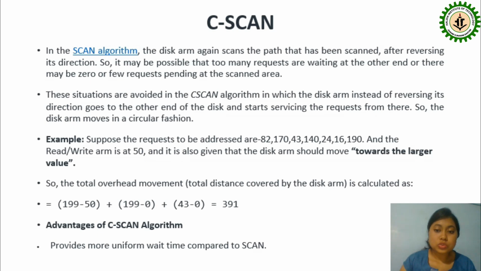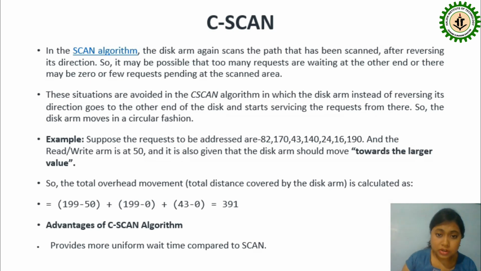Okay. So this is the same request set, and the arm movement will be towards the larger value. So the total overhead movement, basically the distance, as per the C-scan algorithm, is: first we go from the current position to the last position, that is towards the larger value.